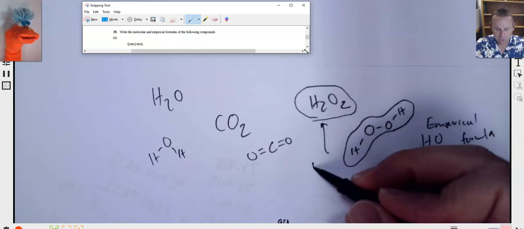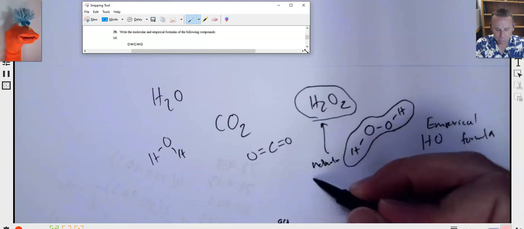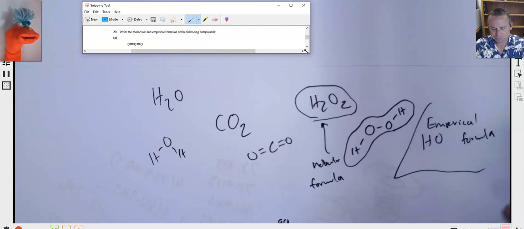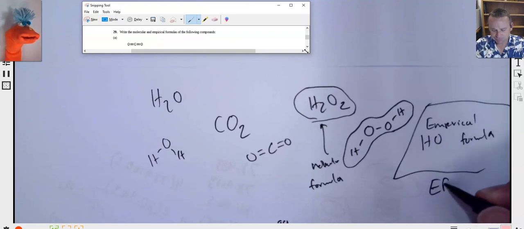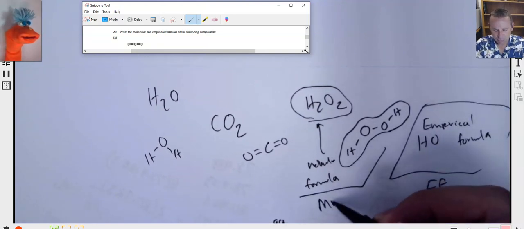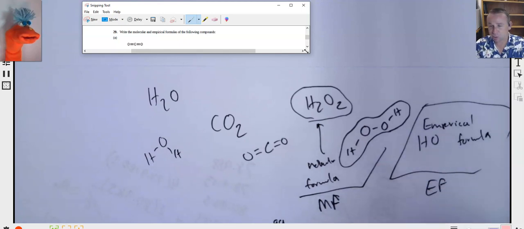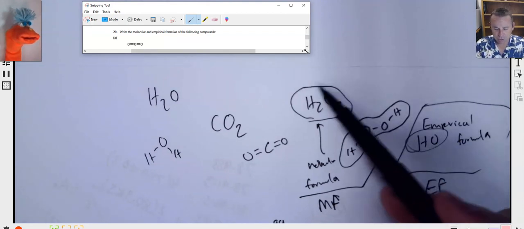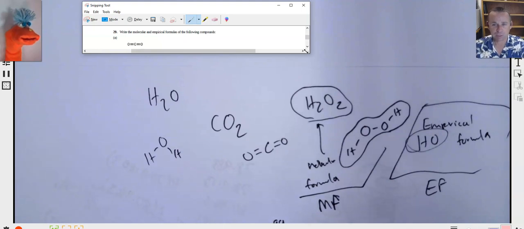And while this one would be our molecular formula. Okay? So the empirical formula and the molecular formula have a relationship to each other, right? There's a multiplier, and in this case it's 2. You multiply the empirical formula by 2 and you get the molecular formula.